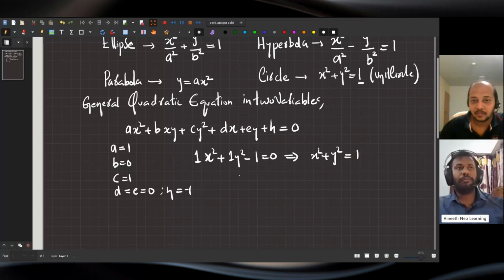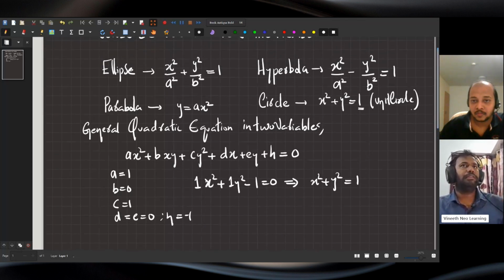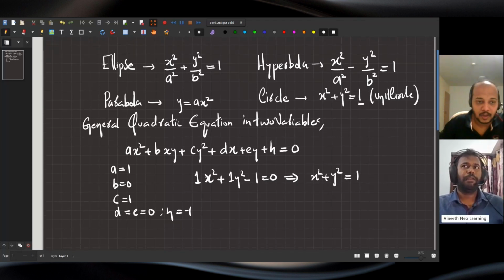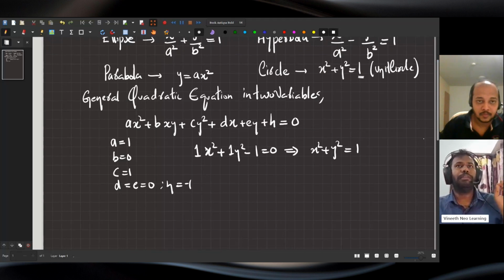Similarly, depending on various values of these coefficients, we can arrive at the equations of these various conics. All of these conics are essentially the same equation with different values of the coefficients. That's why conic sections are also known as quadratic curves.